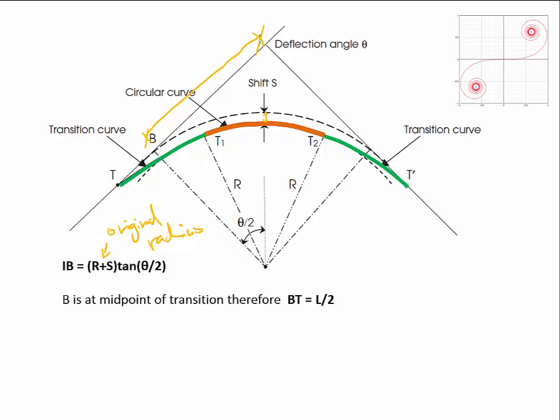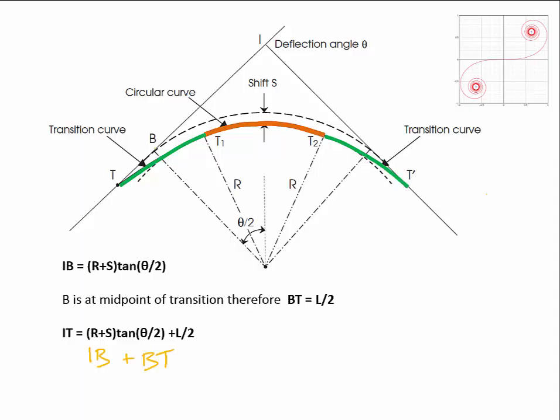BT is equal to L over 2, because B is halfway through the transition, therefore BT must be L over 2. IT is the distance from the intersection point to the first tangent point. That is going to be equal to IB plus BT, which is what this expression here is.